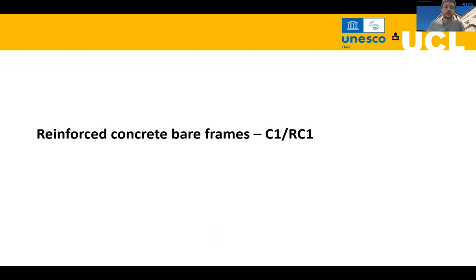So we're going to see each one of the different structural systems that we discussed yesterday. So in the first part of this presentation are the reinforced concrete bare frames. In the FEMA 647 they are called C1, while in the GLOSSI approach they are called RC1.